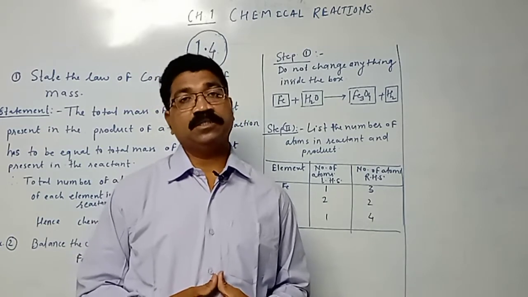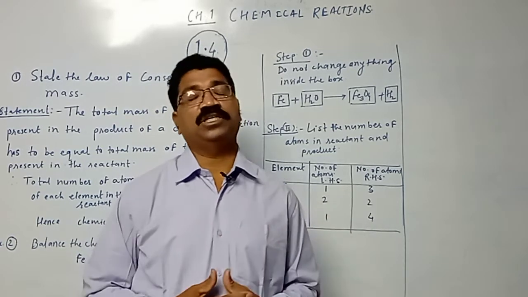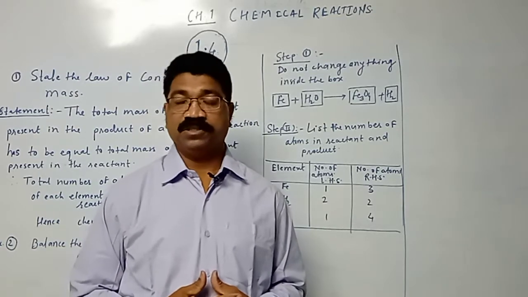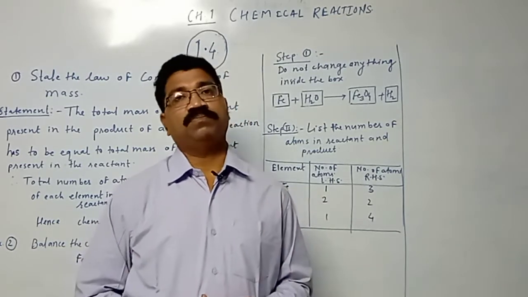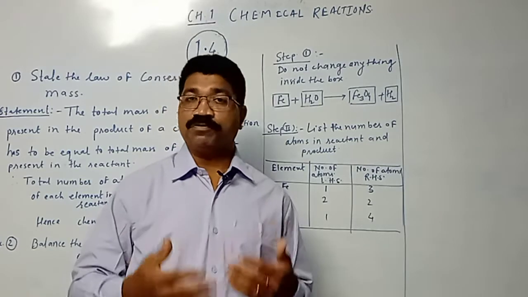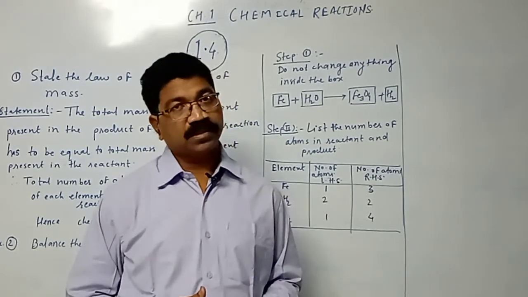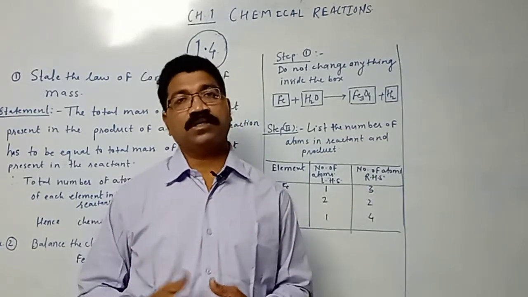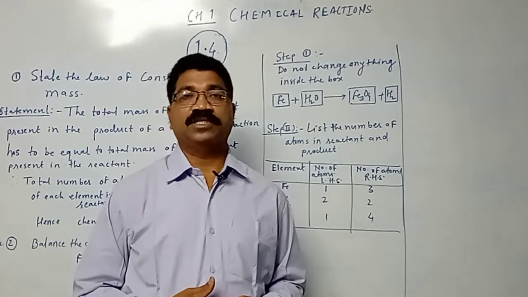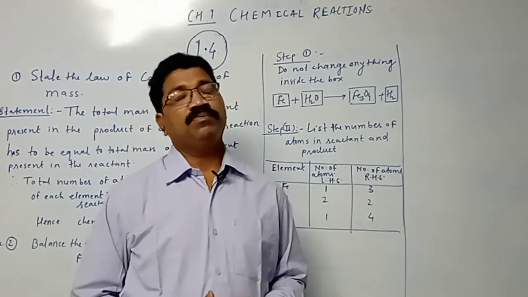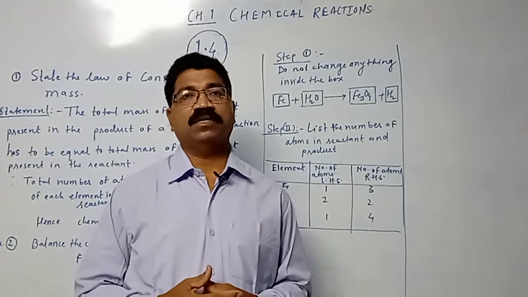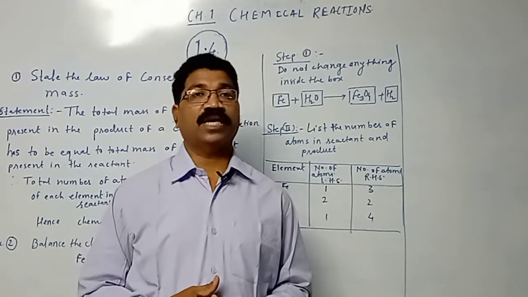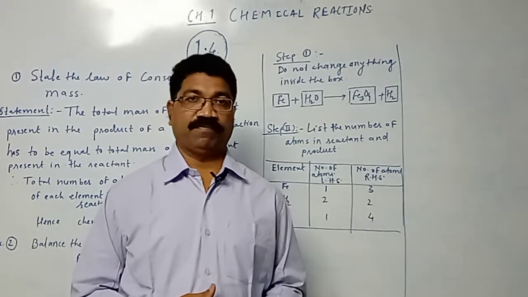Then we have seen the reactant: the substances that undergo changes in the reaction are reactants. The new substances formed, having altogether different properties, are the products. The reactant changes into product and the chemical reaction takes place. Then we put a word equation of that chemical reaction, and that is called a chemical equation.